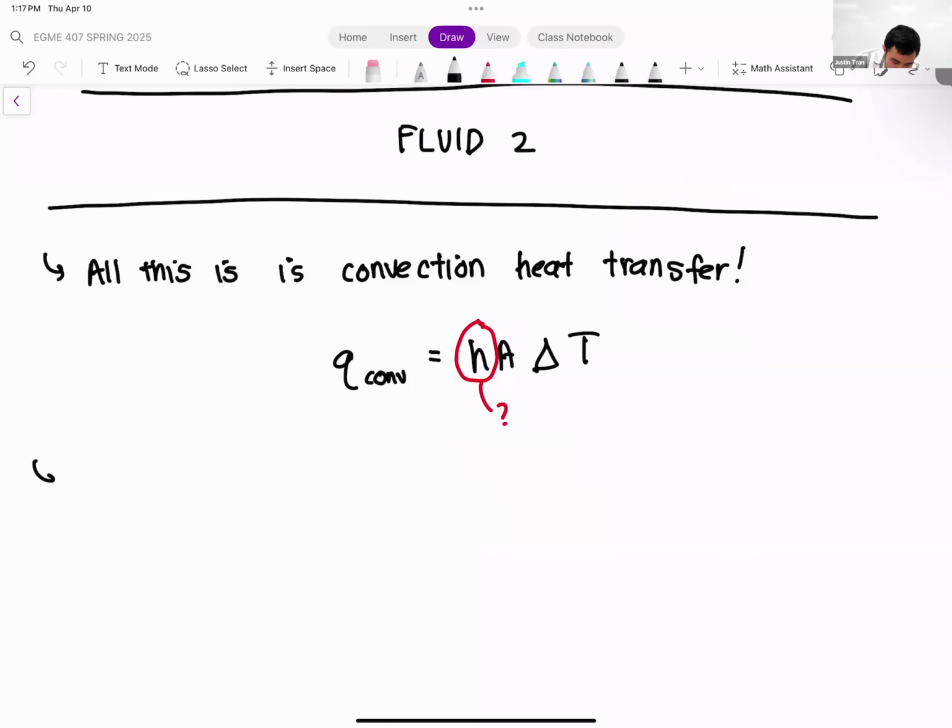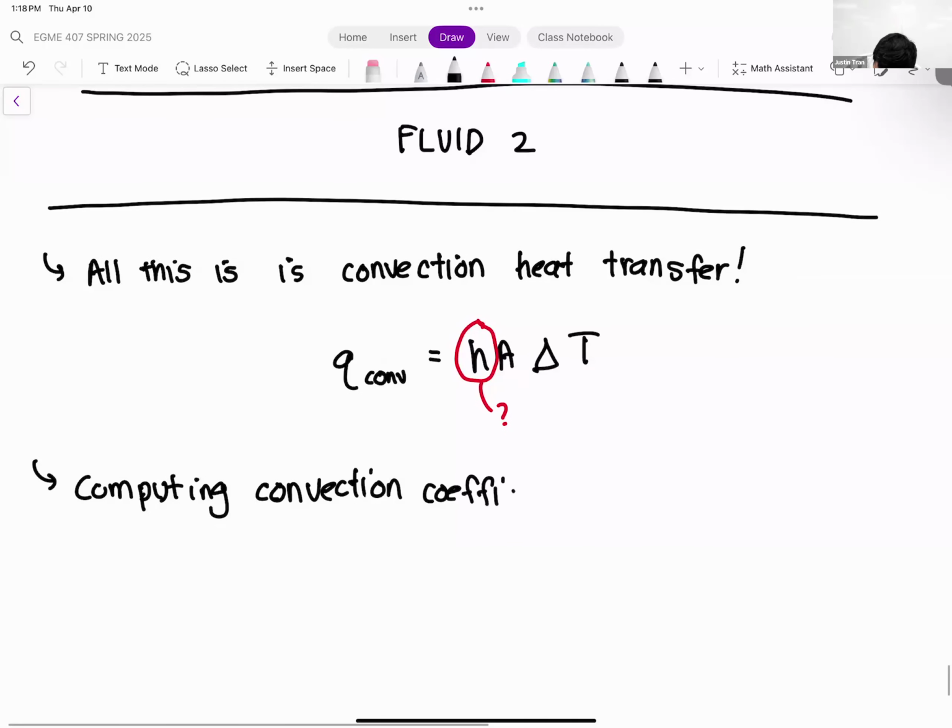Okay, so how can we compute convection coefficients in a heat exchanger? Well, we have a way to do this, and we've been talking about it for the last few weeks, right?